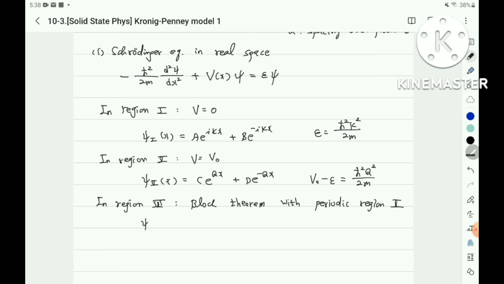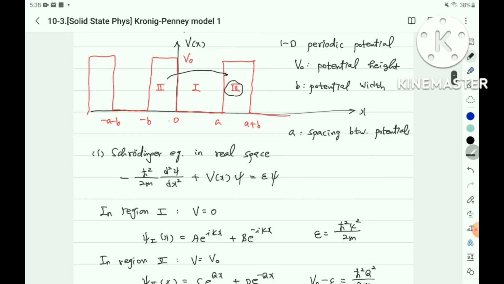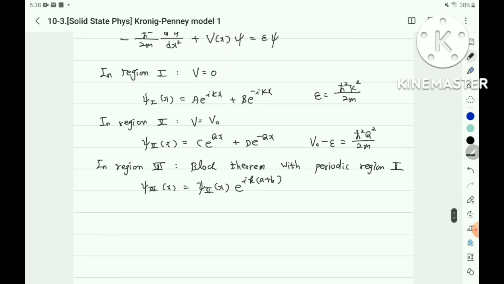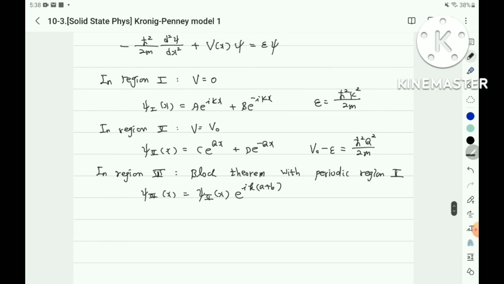Therefore, in region 3, the wave function is the Bloch function of the wave function in region 2, with exponential ik times the distance a plus b. It is a Bloch wave function. Here there are three regions, and in the three regions we have different wave functions, but we should consider the boundary conditions.